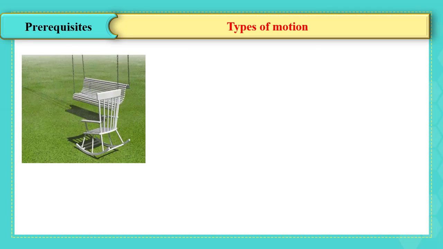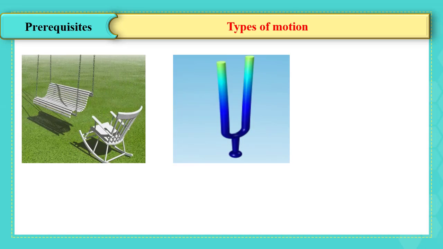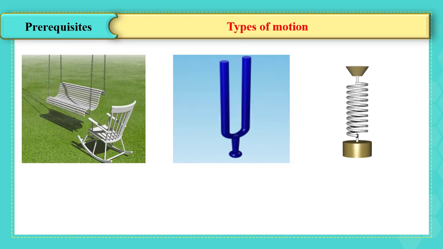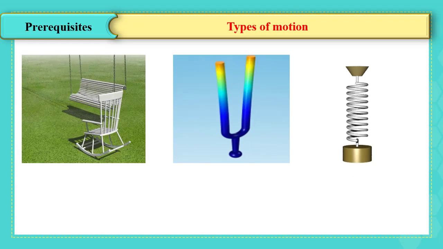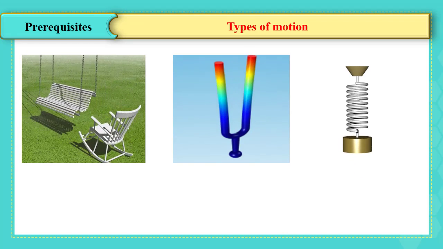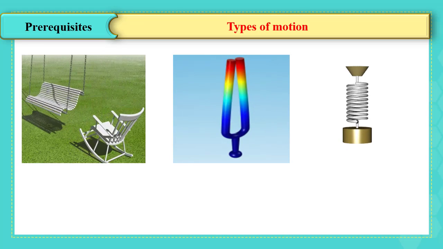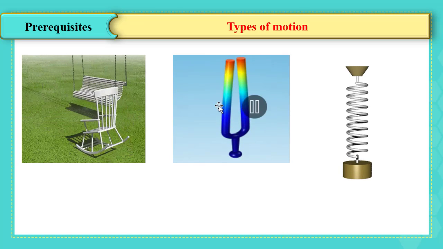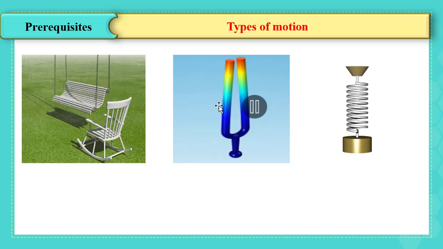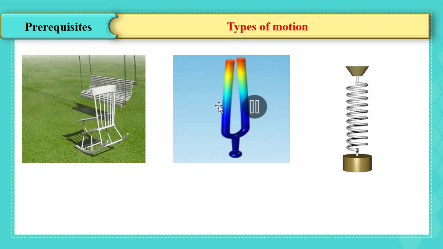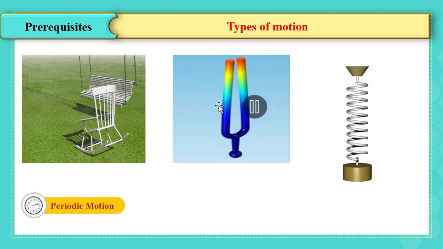A tuning fork also, when struck and left on its own, vibrates, both with a constant frequency. And also remember a vertical spring studied before when it was at equilibrium in grade 9. If we displace the mass and leave it, it will oscillate. All these and others represent periodic motions of some characteristics.